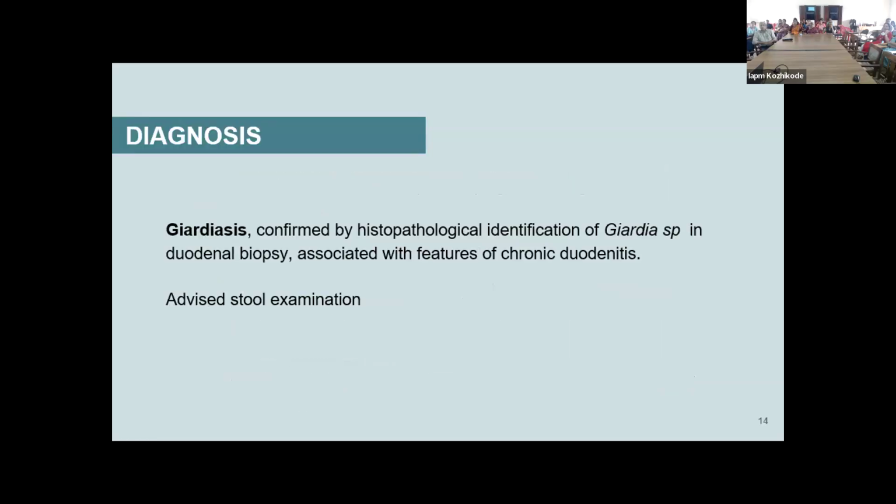So we finally came to the diagnosis of giardiasis. It is confirmed by histopathological identification of Giardia species in duodenal biopsy and with associated features of chronic duodenitis. We also advised the patient to do stool examination.